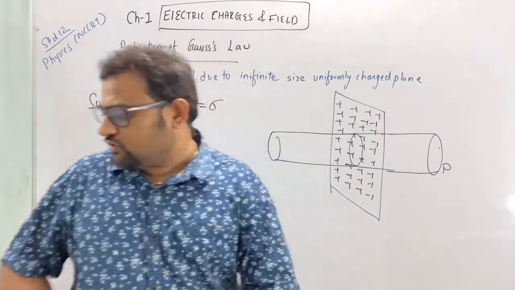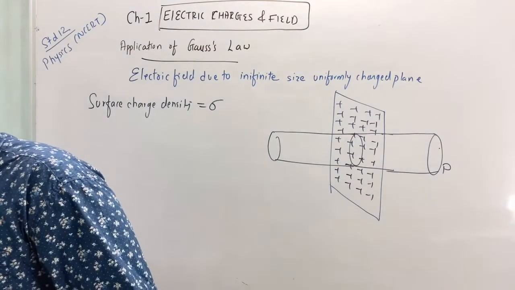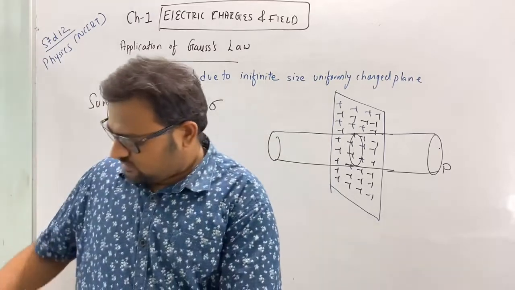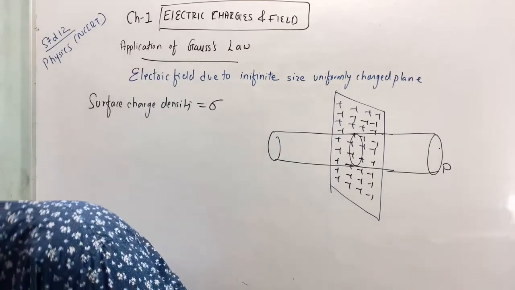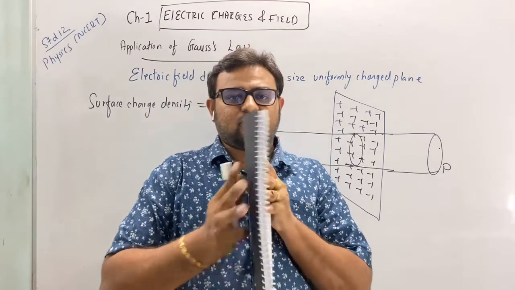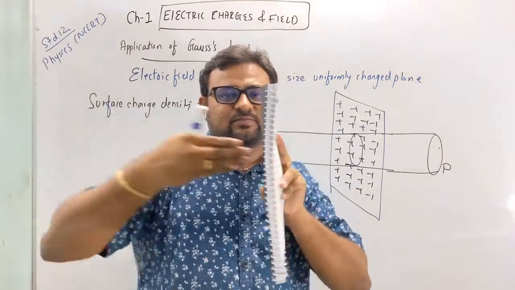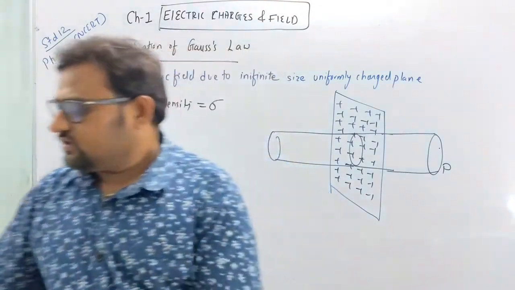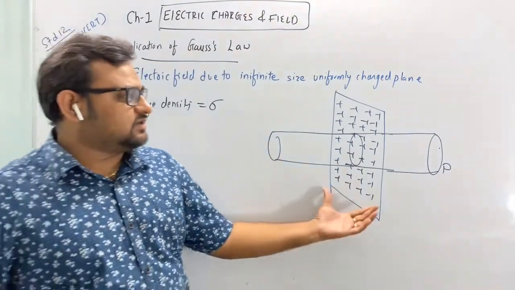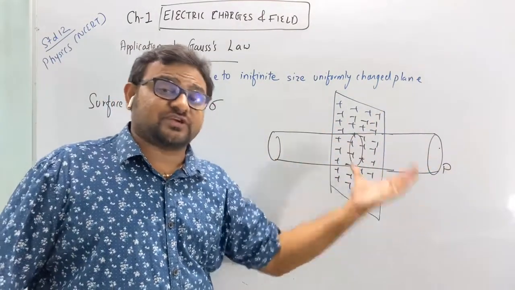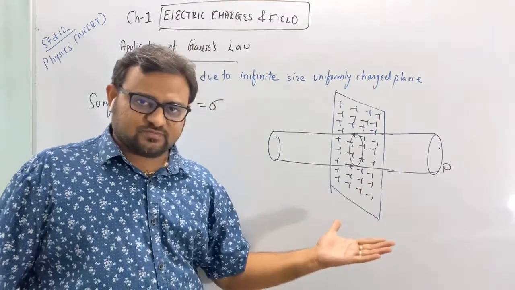You need to understand that if I take this as a plane, then the cylinder passes through this surface in this way. So I have taken a planar surface and a cylindrical Gaussian surface.